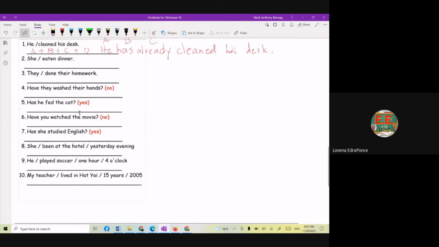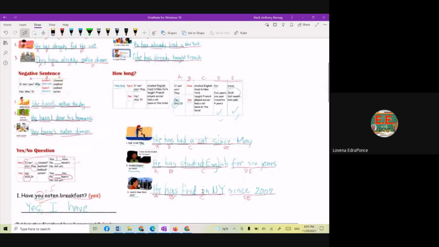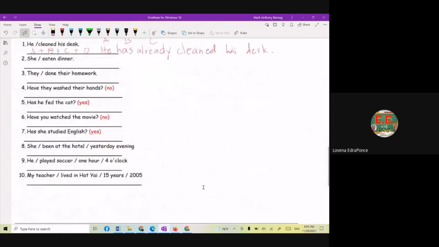And for this one, you're going to construct. Okay, this one is telling the information, how long.